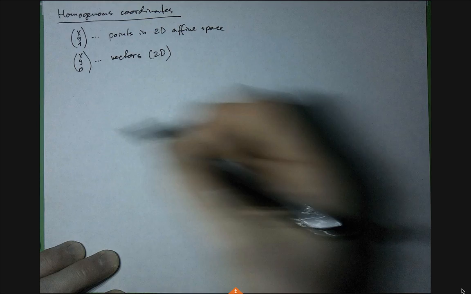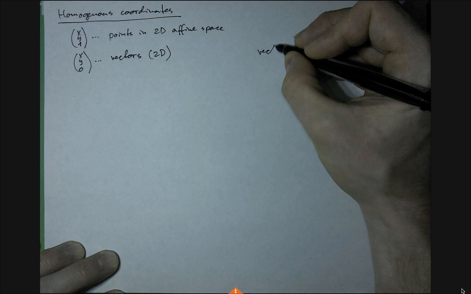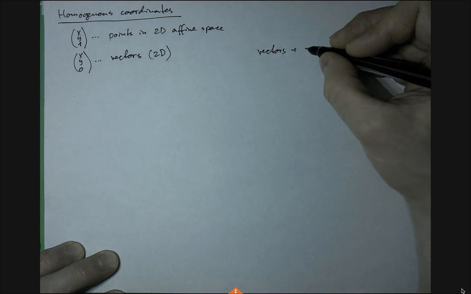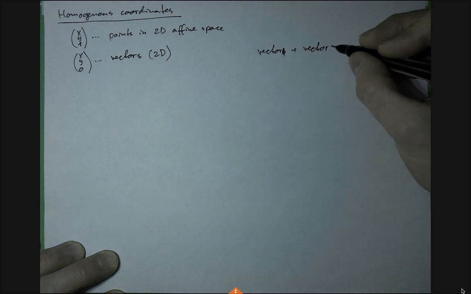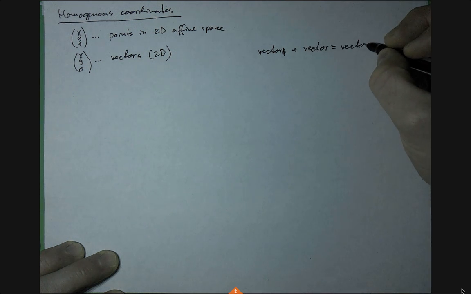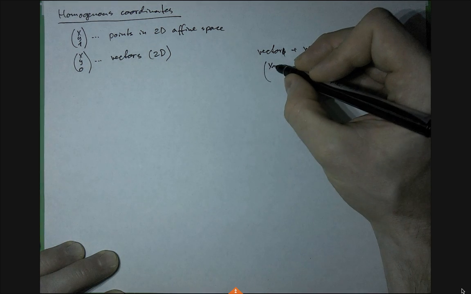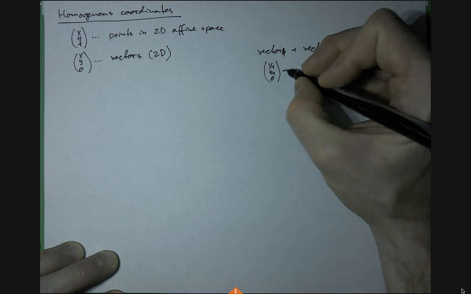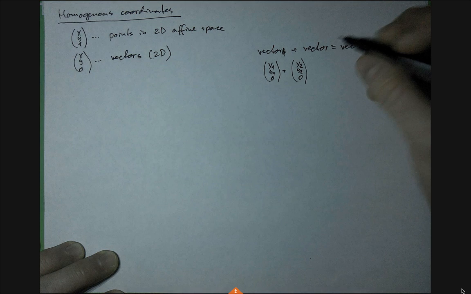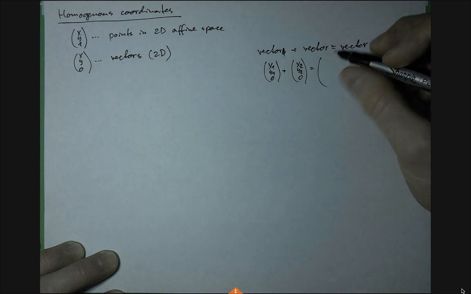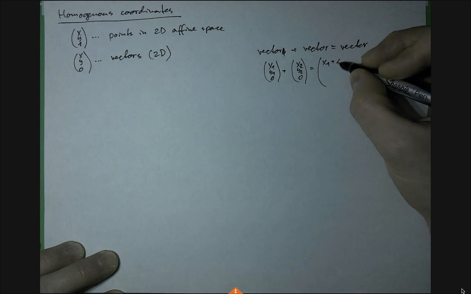The first thing, of course, is that we can add vectors together, right? We don't need any affine space. Vector plus vector is another vector. So for example, x1, y1, 0 plus another vector. My point is that the homogeneous coordinates representation is compatible with these rules.